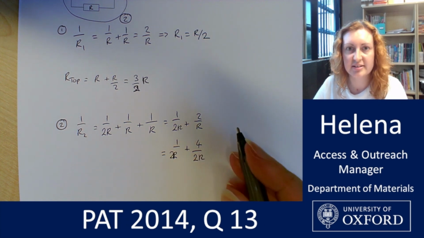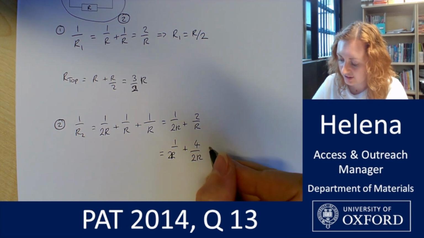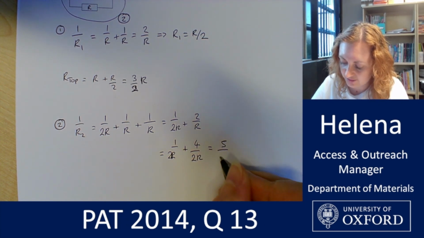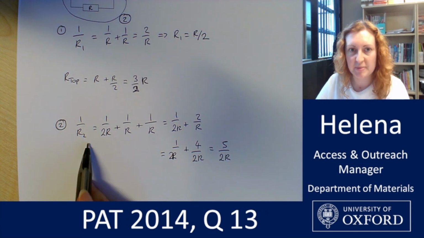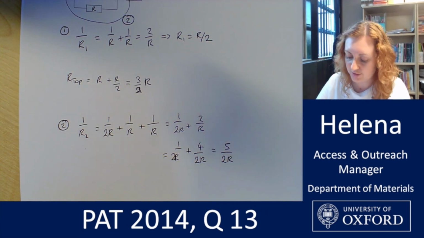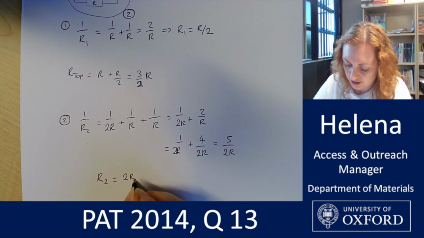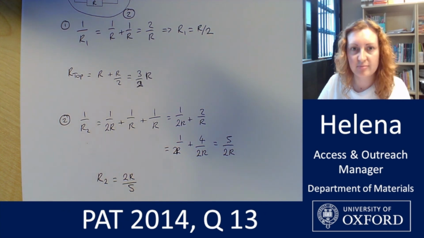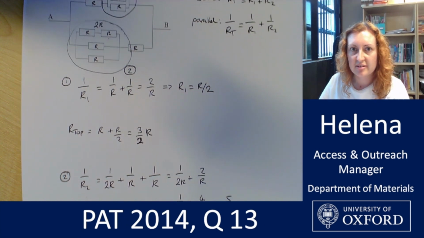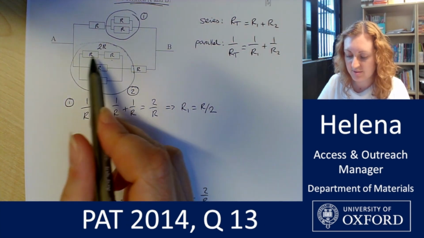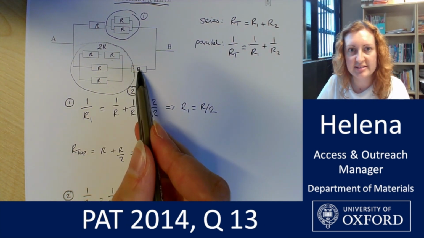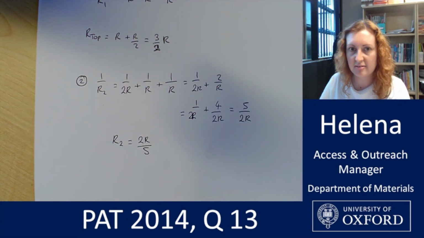I've multiplied the second term by 2, which if we group that together gives us 5 over 2R. Remember that's 1 over R2, so if we flip that upside down, R2 is equal to 2R over 5. That gives us a network with resistance of 2R over 5 in series with a resistor R.